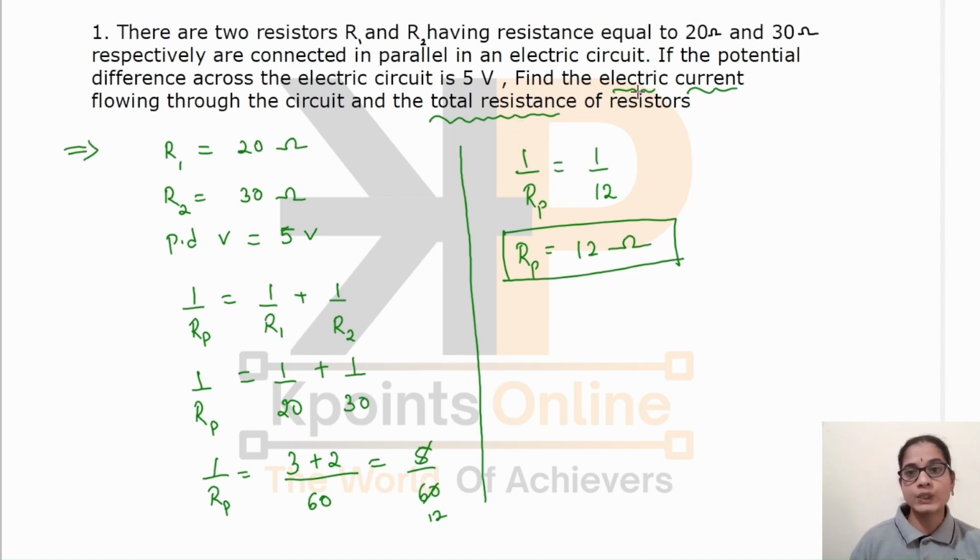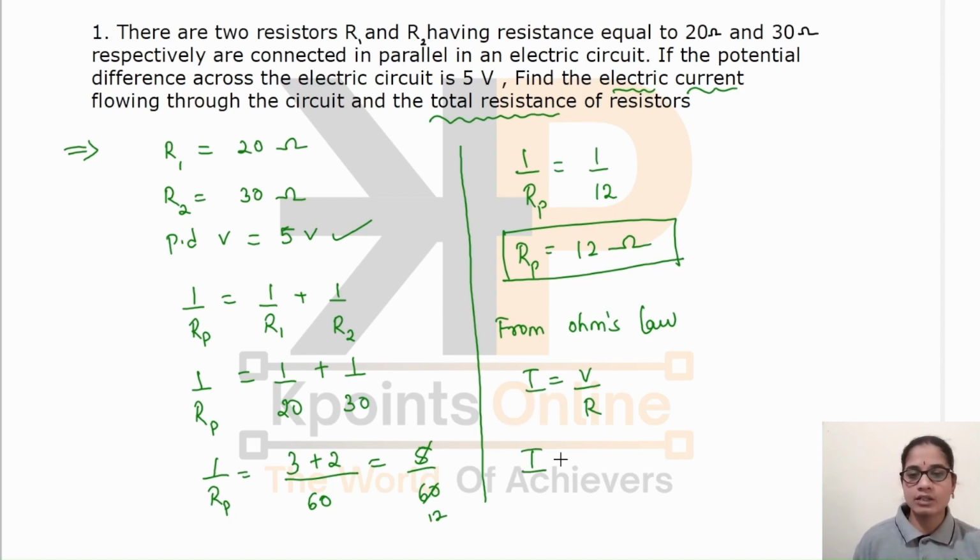Now we have to find out the electric current flowing through the circuit. From Ohm's law, we have I is equal to V upon R. We know the potential difference which is given here, and also we have calculated the total resistance. So from this we can calculate the total current flowing through the circuit.